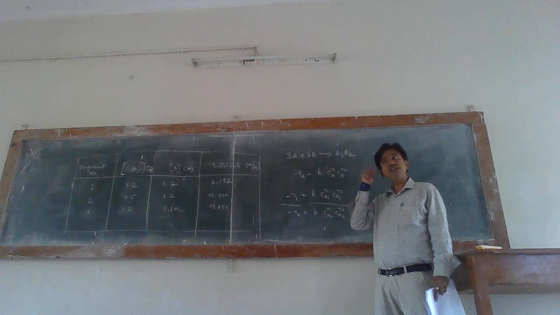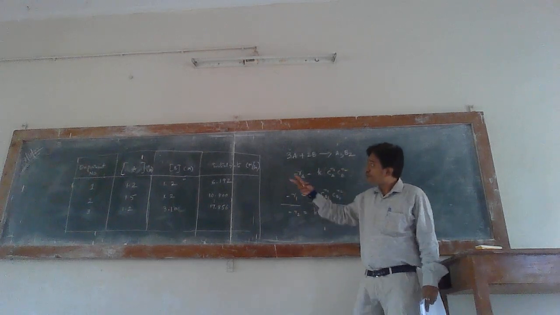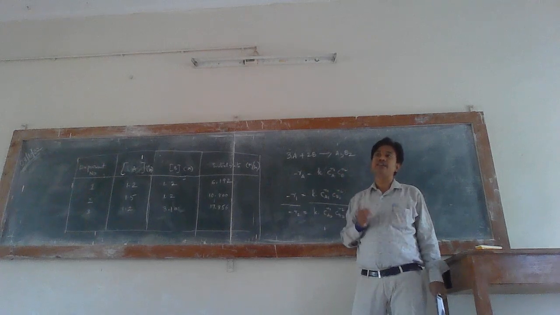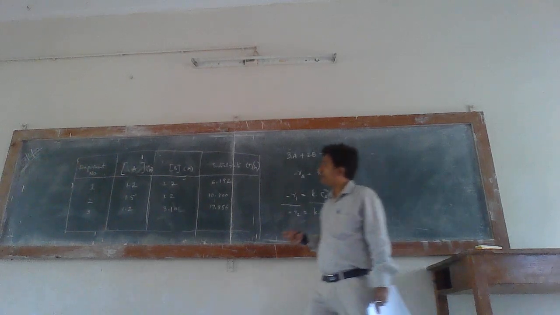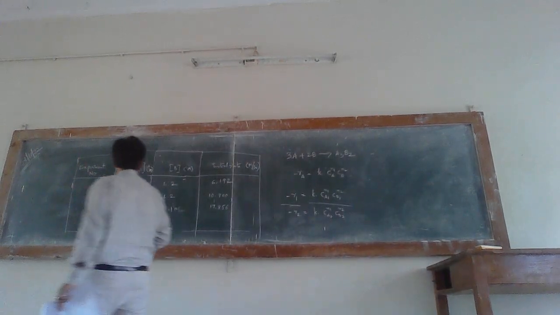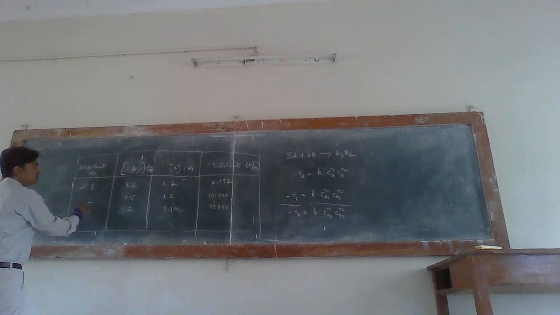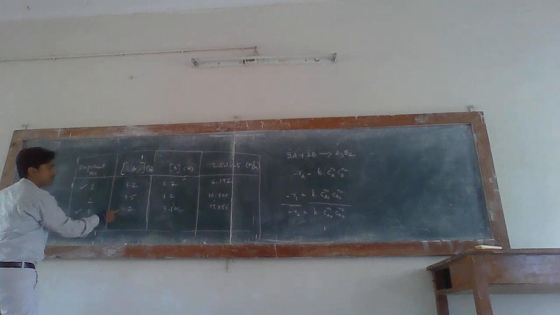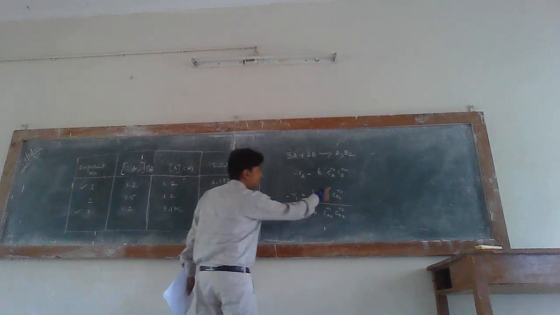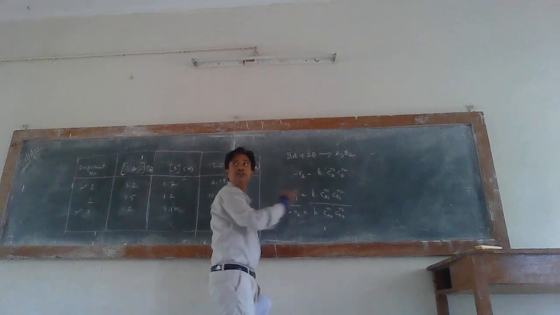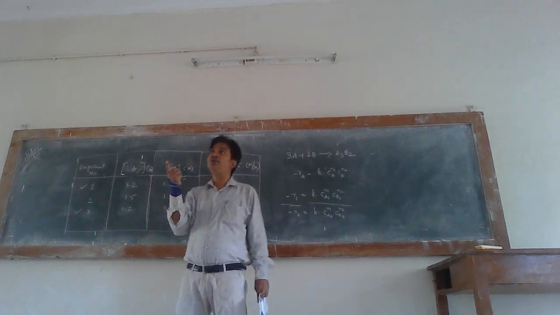So we have to choose which data to use, such that one will be cancelled and another will be calculated. For example, if I take the first and third, these concentrations are the same. So this will be cancelled and you will be left with only n2, so you can calculate the n2 value easily.